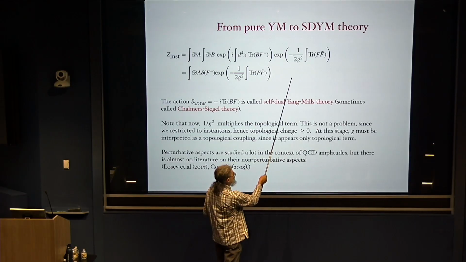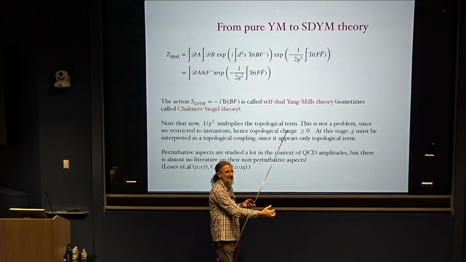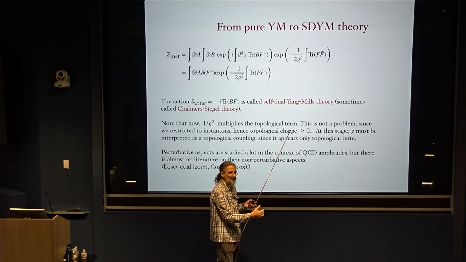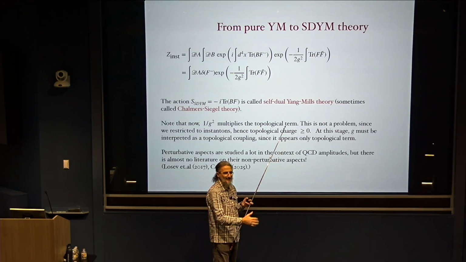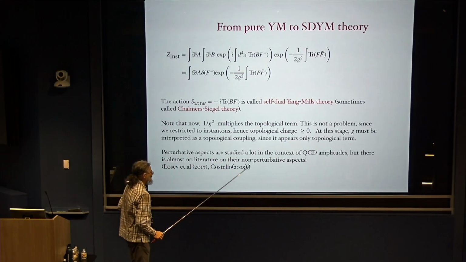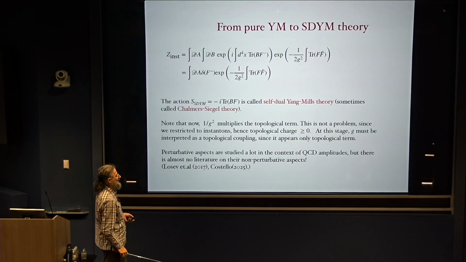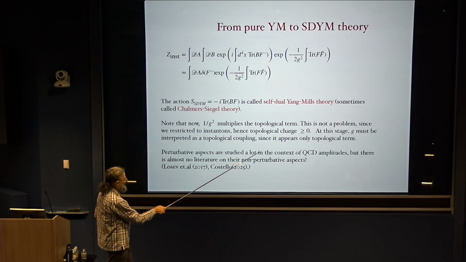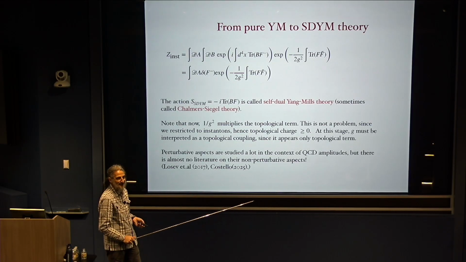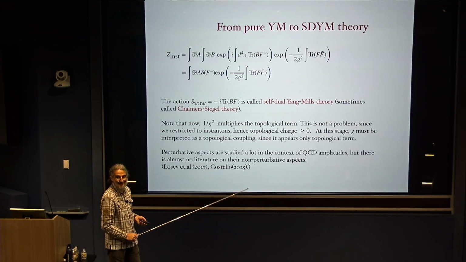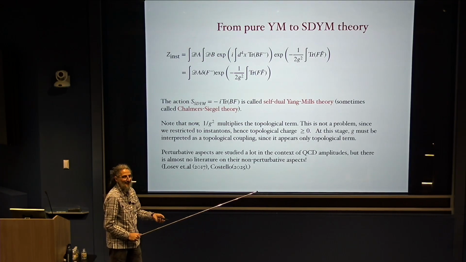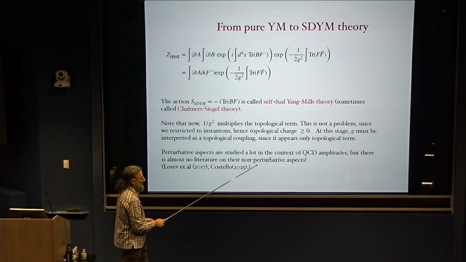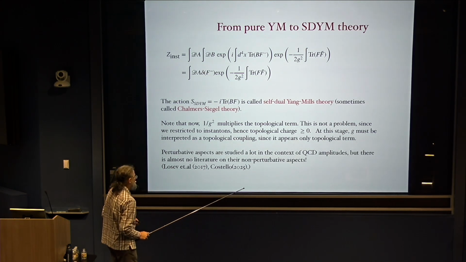This part will be only exponentially decaying, some structure that appears also in localization discussions. However, at this stage, I want to draw your attention to the curious fact that g must be interpreted as a topological coupling. It is not a kinematical coupling. It appears only in the topological term.